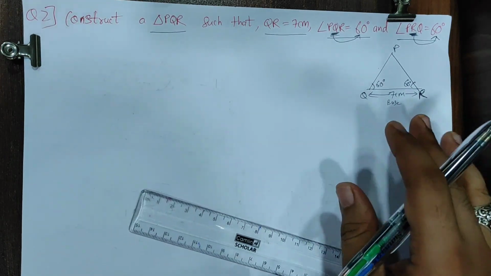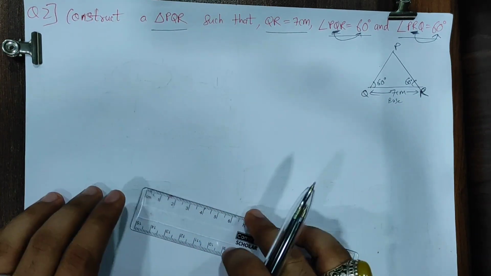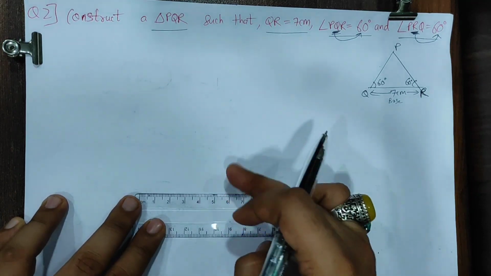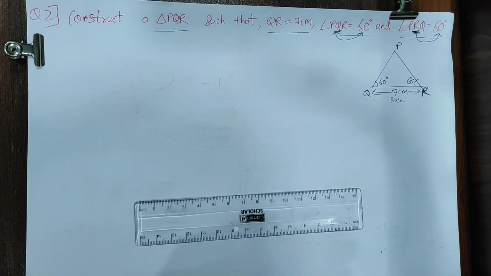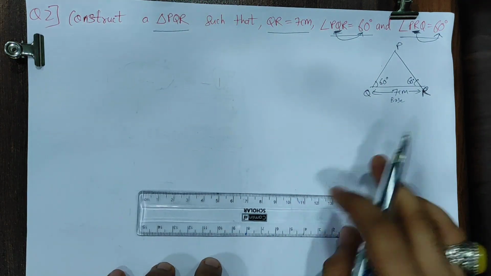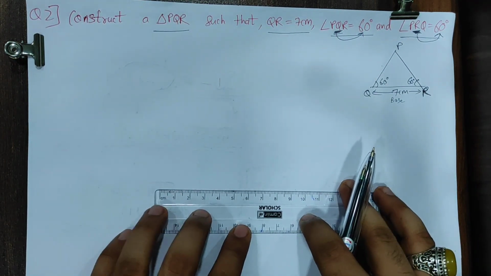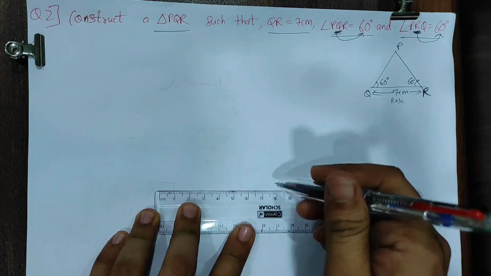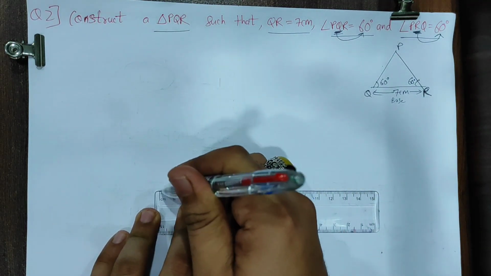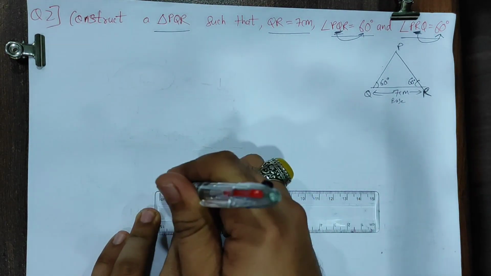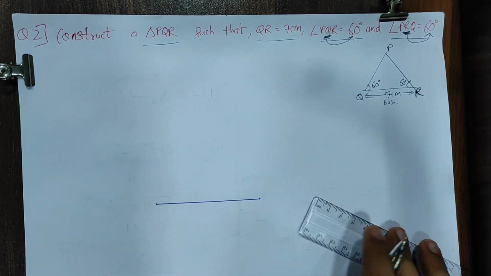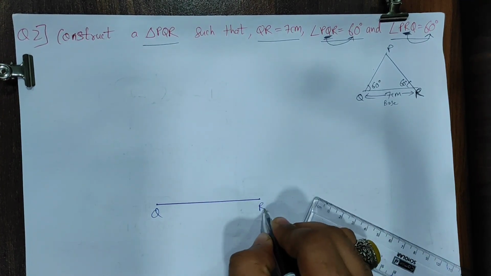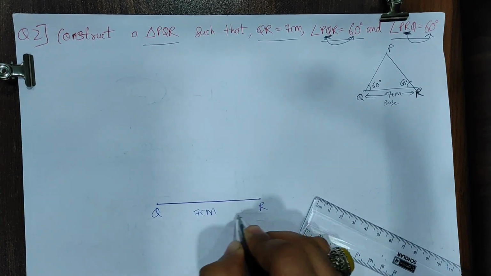On the ruled line, not between the two ruled lines, you will draw this base QR as 7 centimeter. Let me darken this point. This is Q, this is R, this is 7 centimeter.